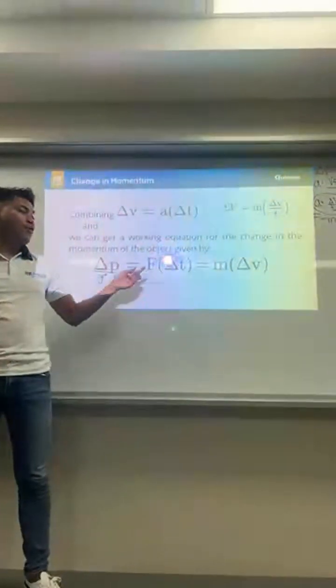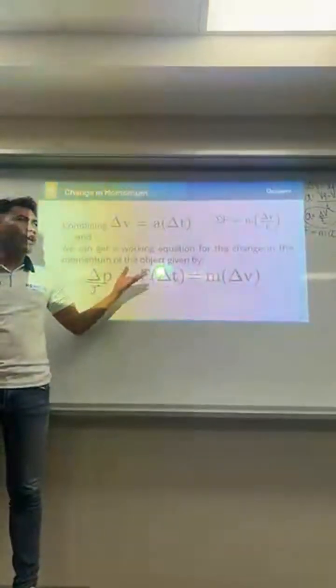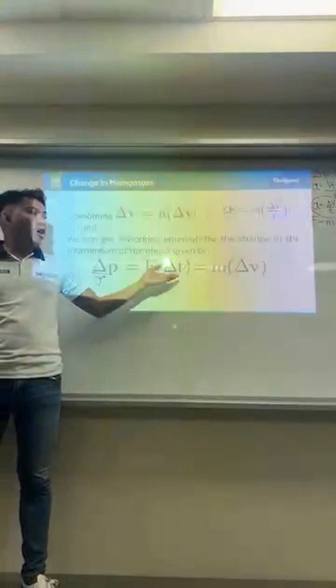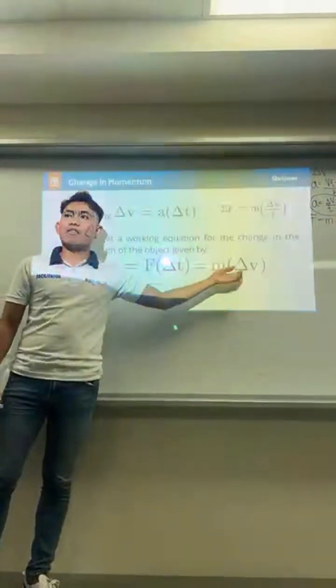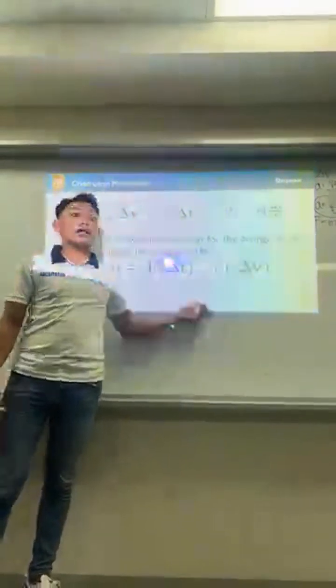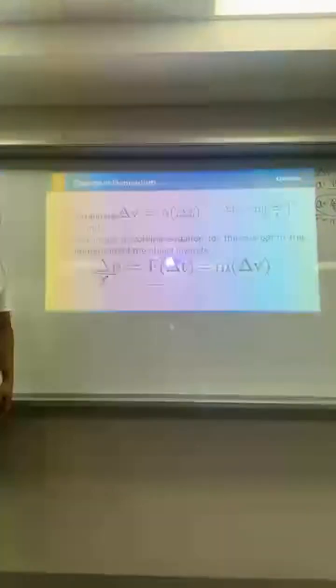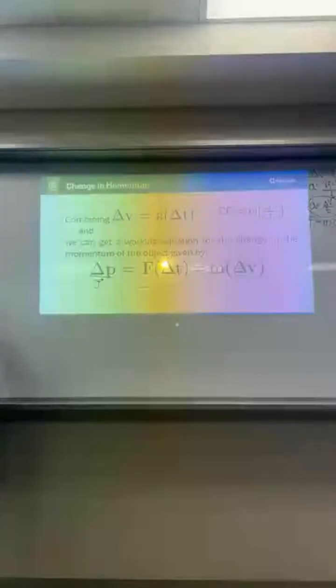If you are given force and change of time, then use this one. If the given is mass and the velocity, use the other formula of impulse. Those are the two formulas of impulse.